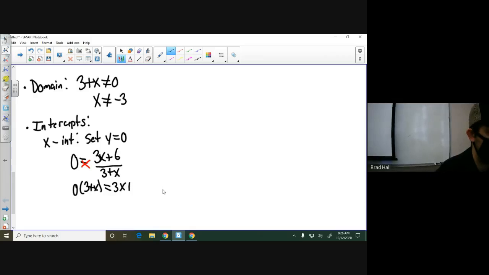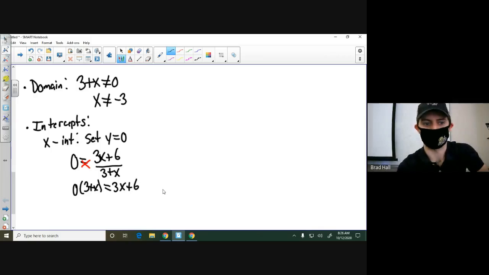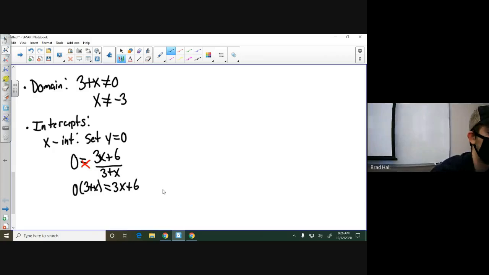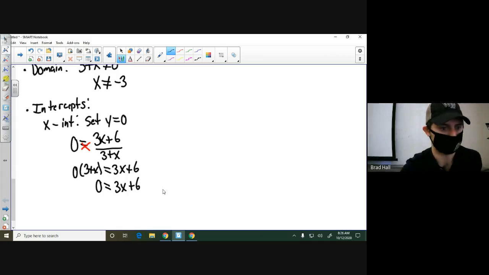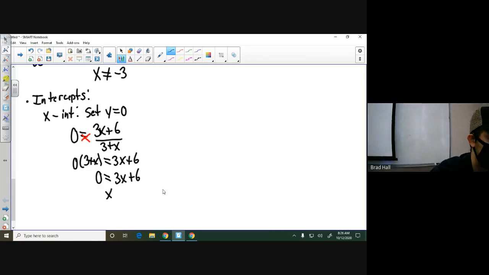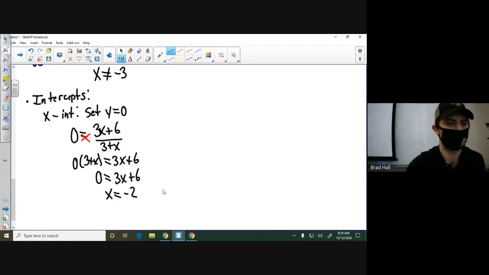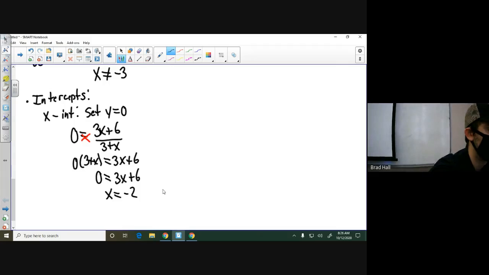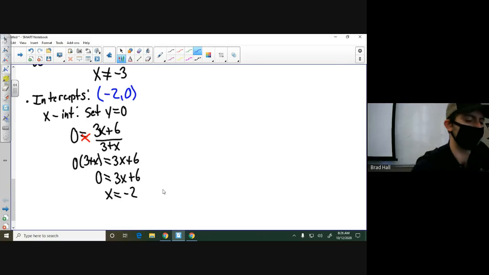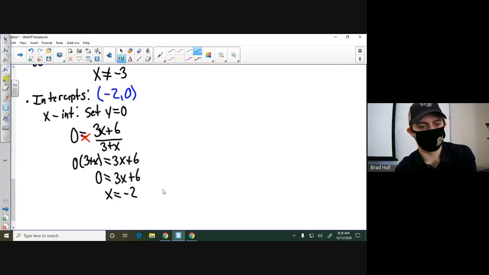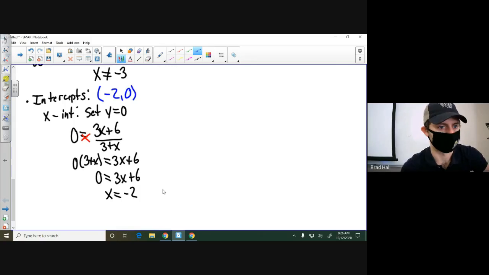Which gives us 0 times 3 plus x is equal to 3x plus 6, but 0 times anything is 0. And then we can pretty simply solve for x. So we get that x is -2, which means that the intercept is -2 comma 0.